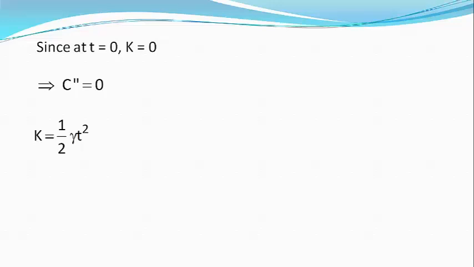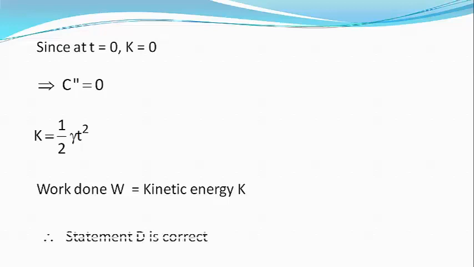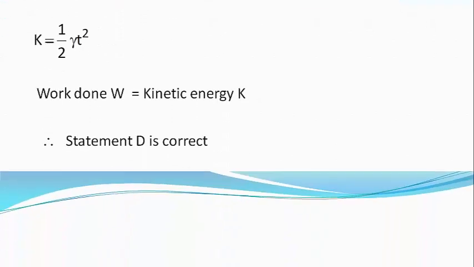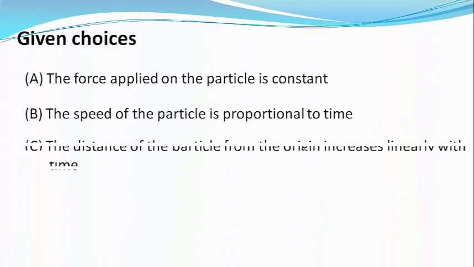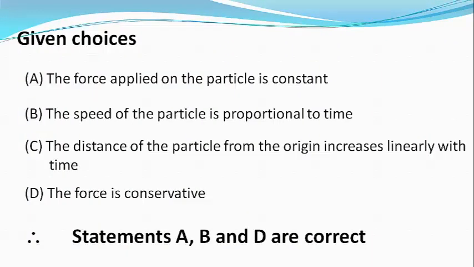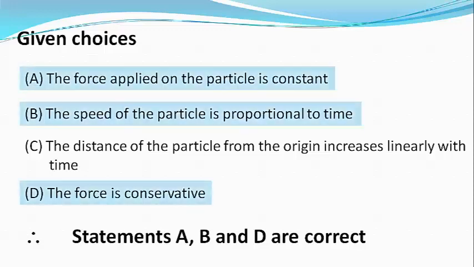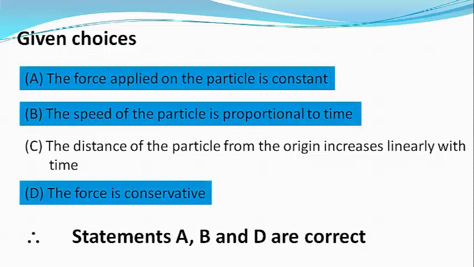We can see for sure that work done by the force, W, equals the increase in kinetic energy K, and hence the force F is conservative in nature. Hence, statement D is also correct. In a nutshell, the statements A, B and D are correct and statement C is not correct.